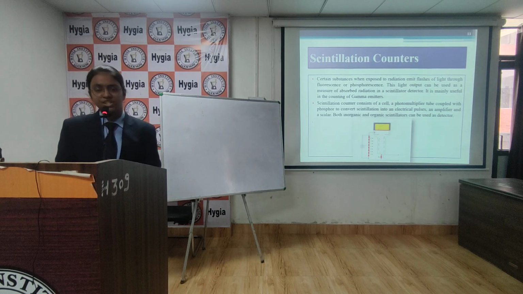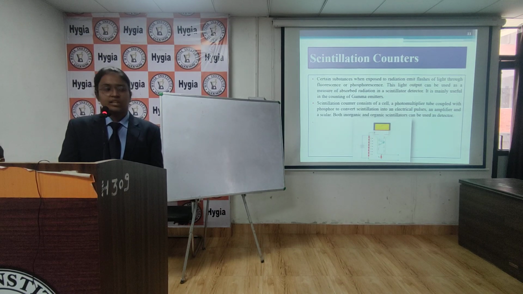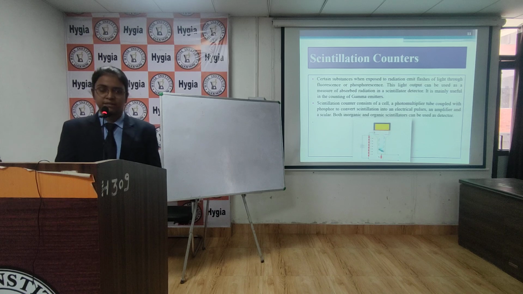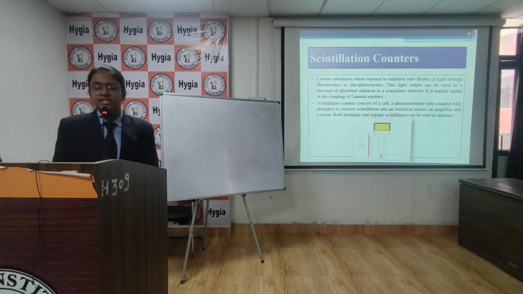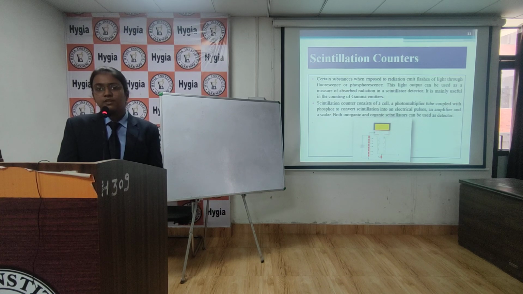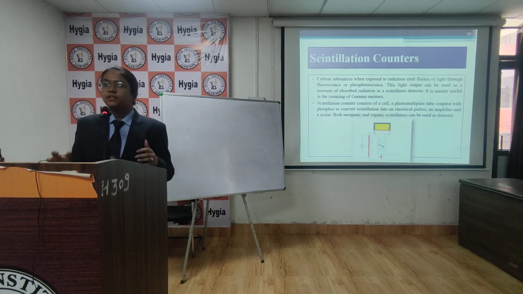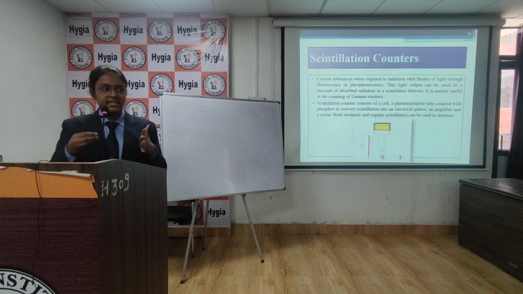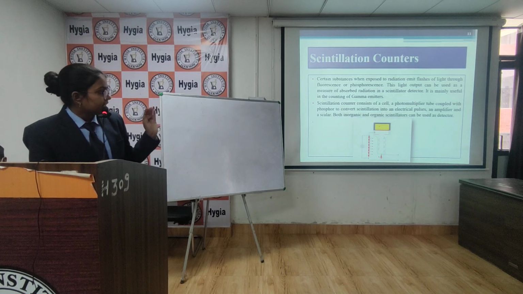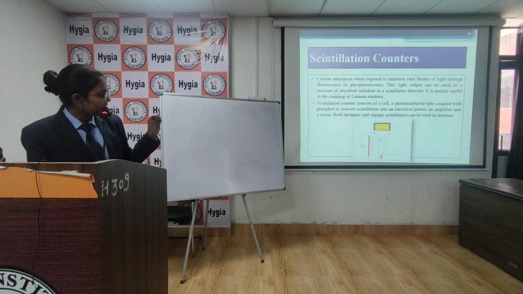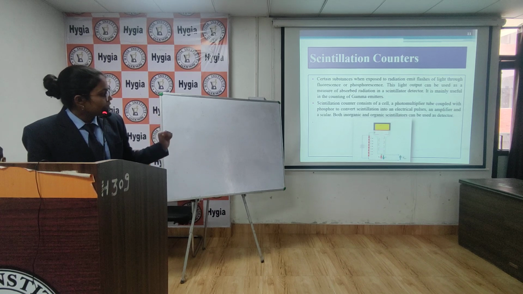Then we have scintillation counters. As the name indicates, scintillation means light producing. In scintillation counters, we have substances like fluorescence or phosphorescence. When a radiation is incident inside the scintillation detectors, as you can see in the diagram, it emits light and then it is noted by the scaler.